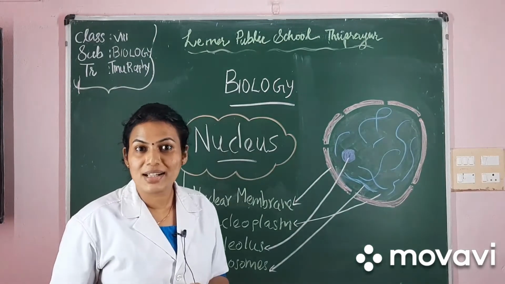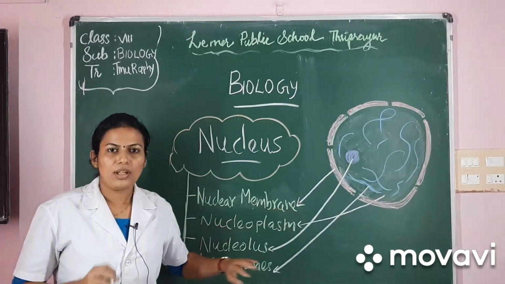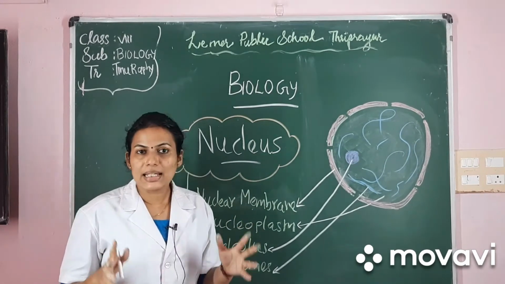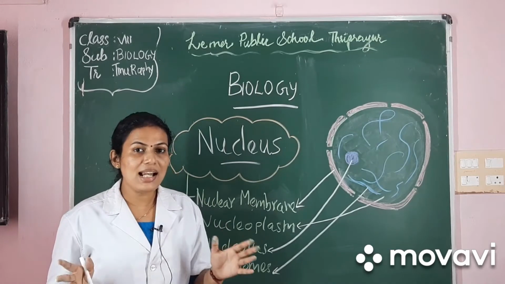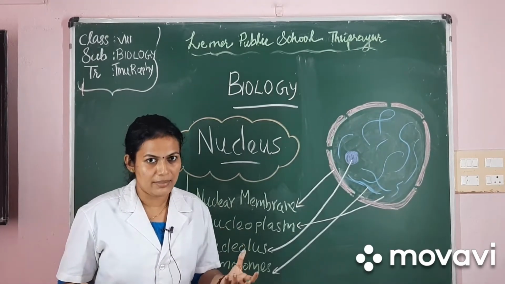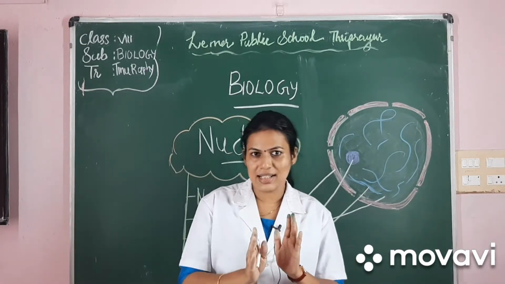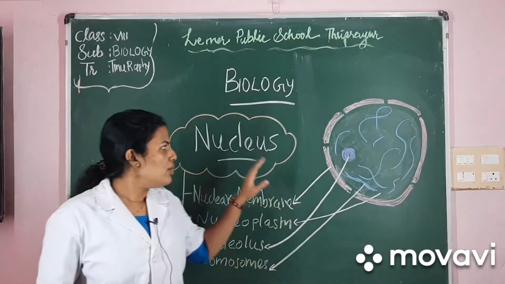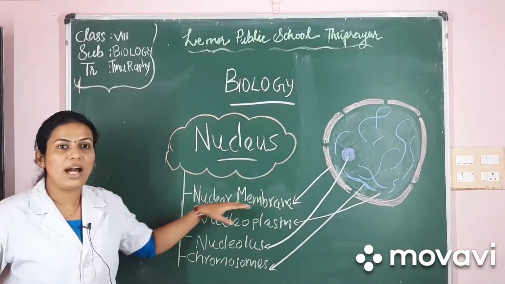So children, let's learn about the first part, that is nuclear membrane. We know that nucleus is present within the cell and the cell contains cytoplasm, which is a fluid material, and the cell organelles and nucleus are embedded inside the cytoplasm. And nucleus has a special membrane called nuclear membrane.